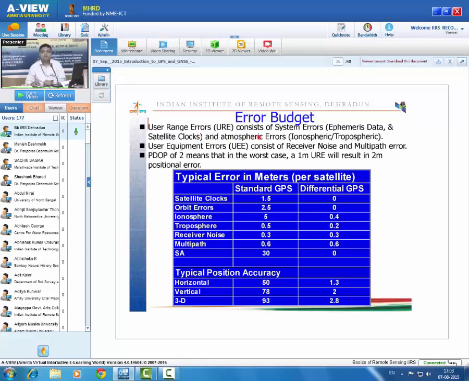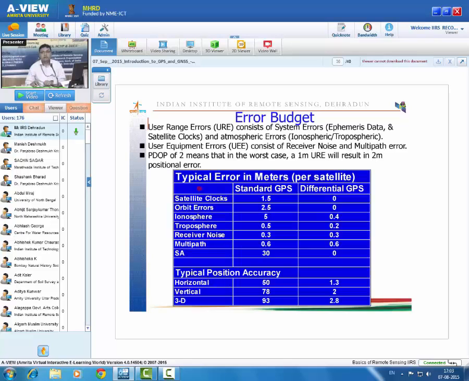The user range errors consist of the system errors, which consist of the ephemeris data and the satellite clocks, whereas atmospheric errors are because of the ionosphere and the troposphere. Equipment errors are the receiver noise and the multipath error.